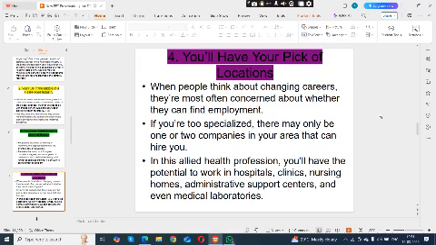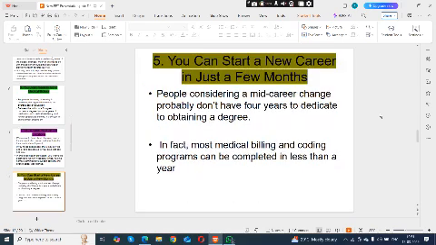You have plenty of opportunities in medical coding. Wherever you are living, definitely you will find a medical coding company or a remote work opportunity.